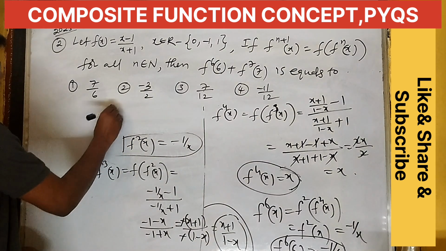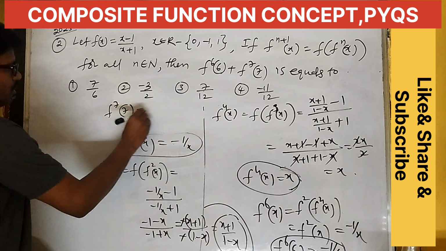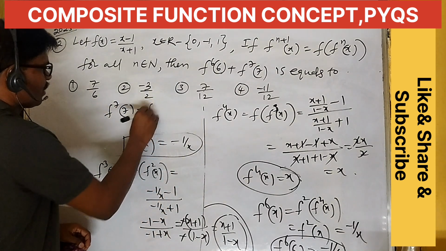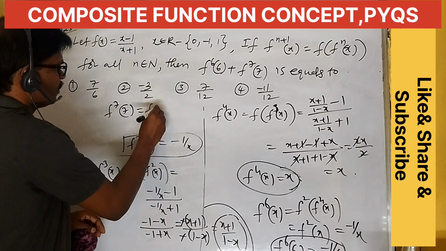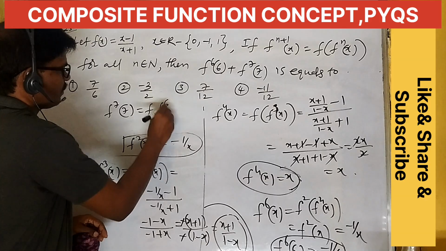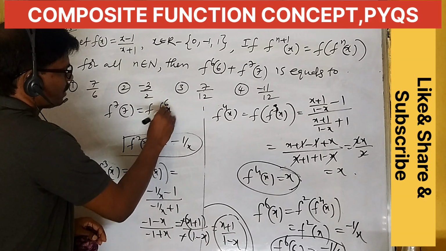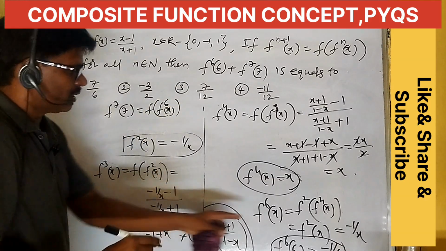f to the power 7 of 7 is equal to f of f to the power 6 of x. What is f to the power 6 of x?